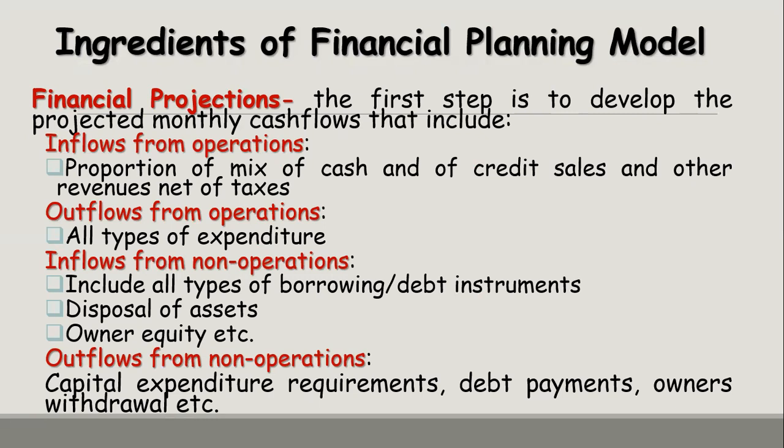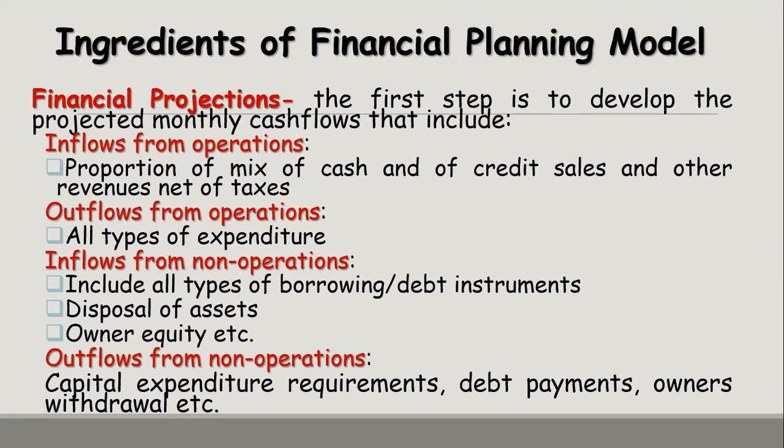The other thing is outflow from the operations that includes all types of expenditures like salaries and wages, maintenance, and on the other side, utility bills, etc. Inflow from non-operations includes all types of borrowings and debt instruments.